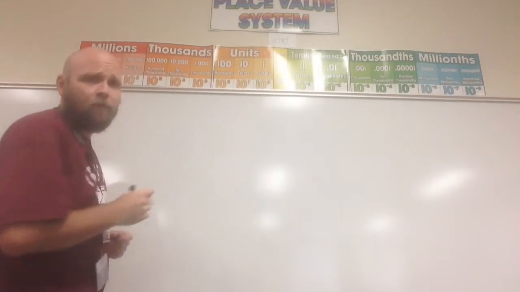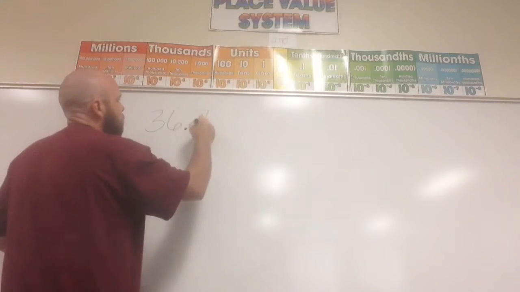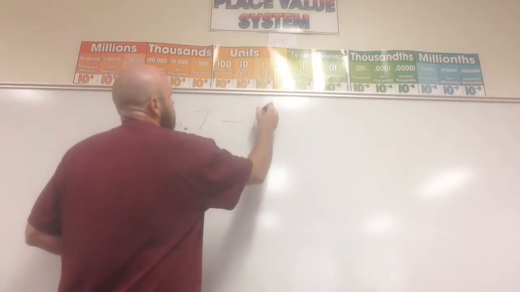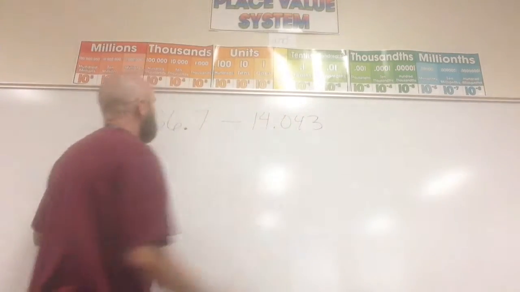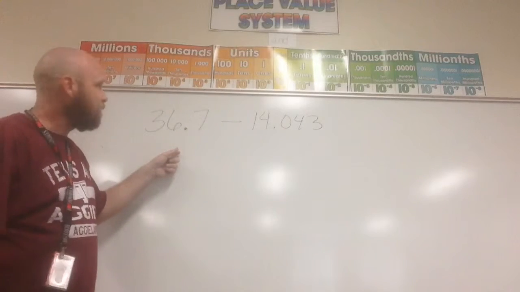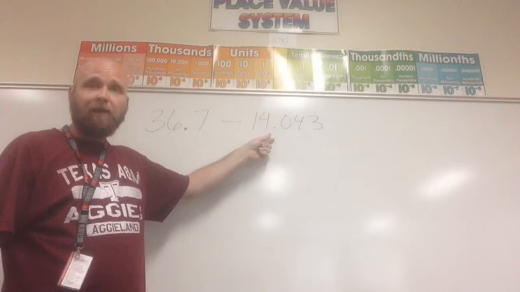If we have the number 36 and 7/10, subtract 14 and 43 thousandths.